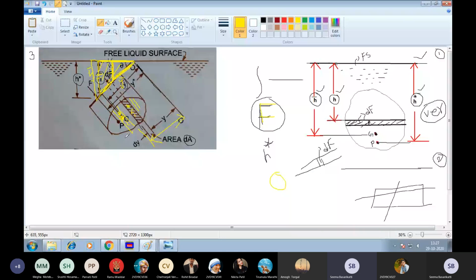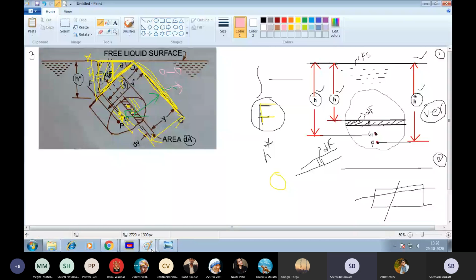In this particular problem, forget about the vertical datum because it is not a vertical condition, it is an inclined condition. So therefore the reference will become the OO axis. Now you need to identify the position of F from this height, taking the OO axis as the reference.